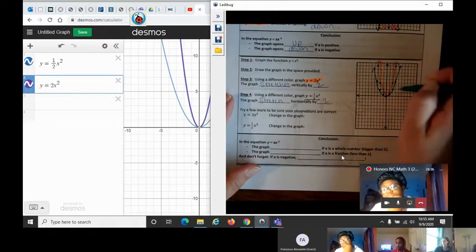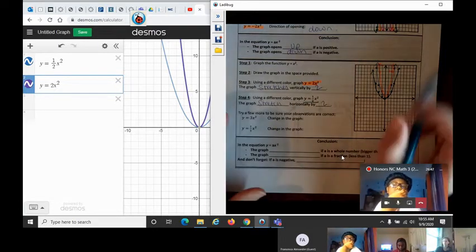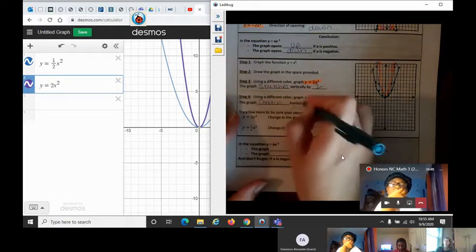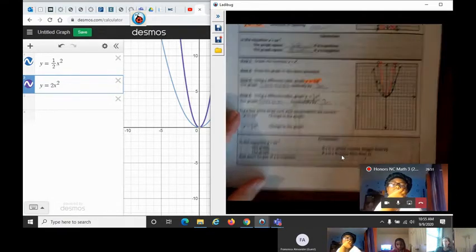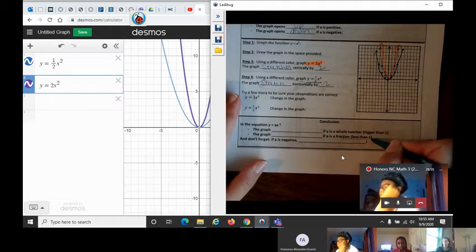This one pulls it out by a factor of 2. So when it's compressed, is down? So yes, kind of. Compressed, we call it stretching horizontally. And it's going to be when it's a fraction, something less than 1. Okay. Yes. Very good.